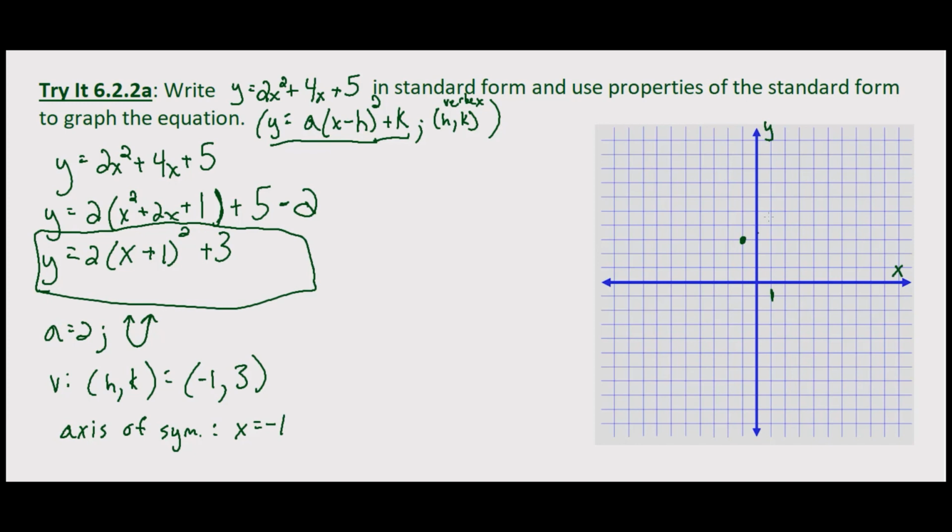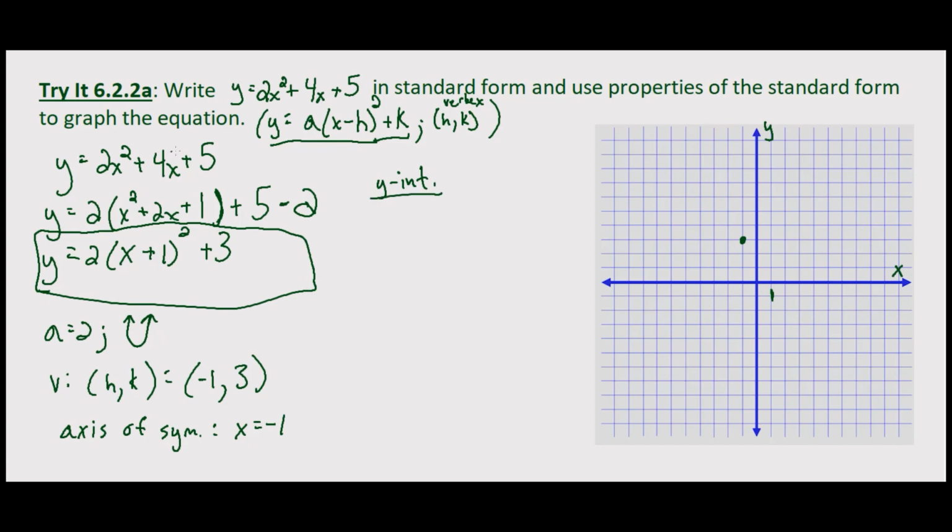So let's go ahead and graph the vertex (negative 1, 3). And then we'll find the y-intercept. And the y-intercept is when x equals 0. So if we substitute that, like I said, find the y-intercept by substituting x equals 0.